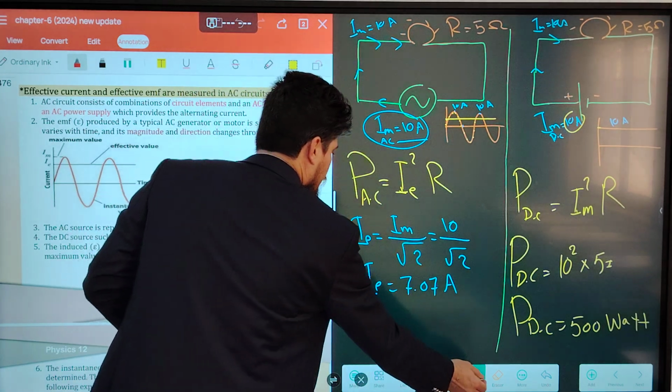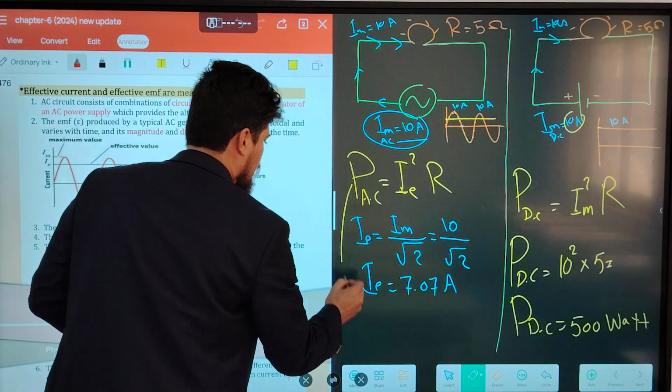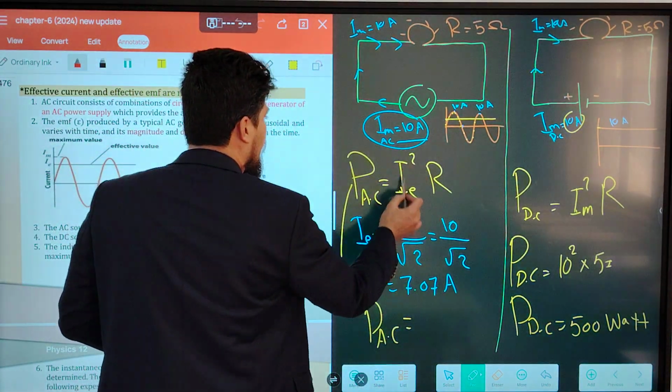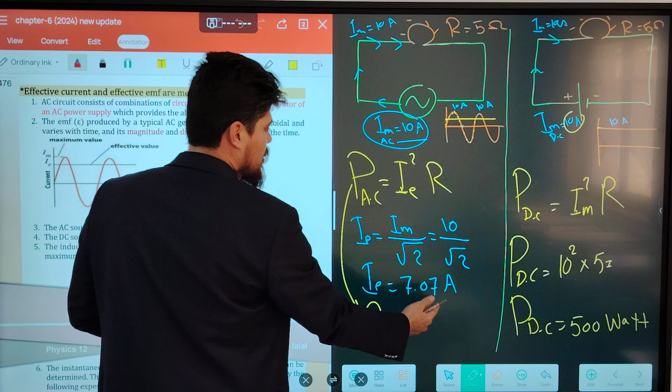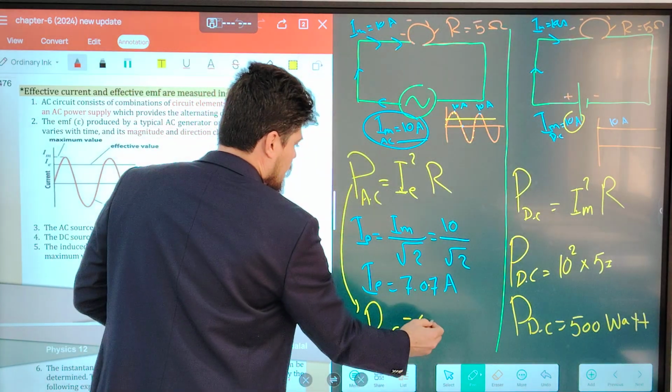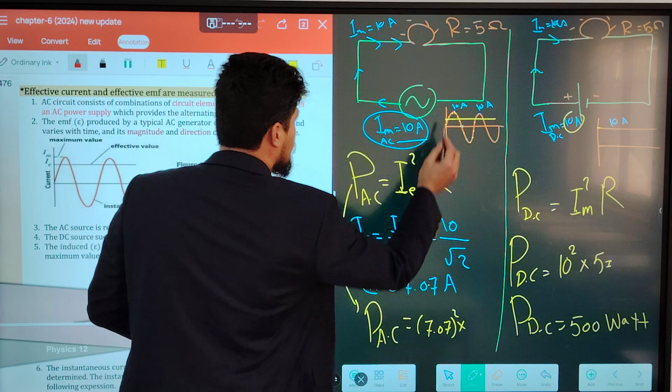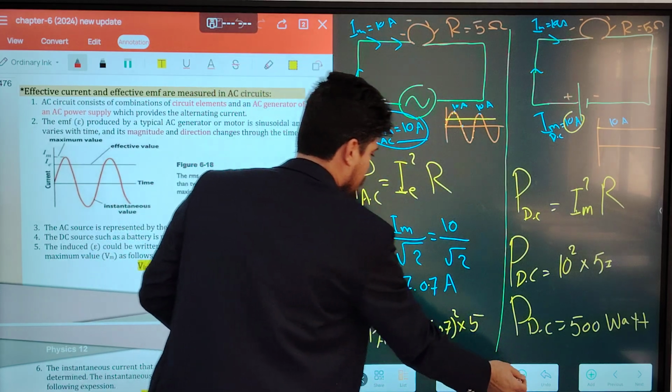Now, we can calculate the power dissipation. Power dissipation is equal to what? IE. Do we have IE? We didn't have it, but we found it. This is IE: 7.07 squared times resistor 5.